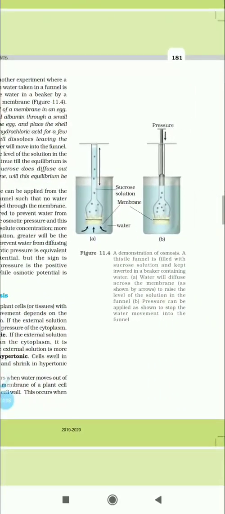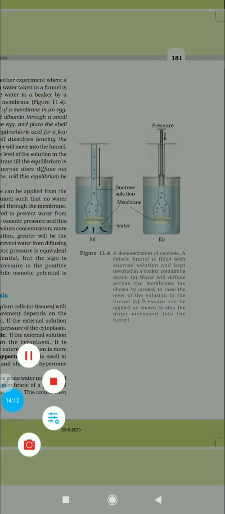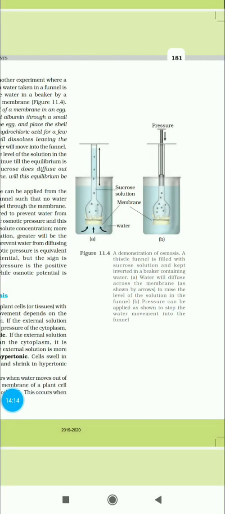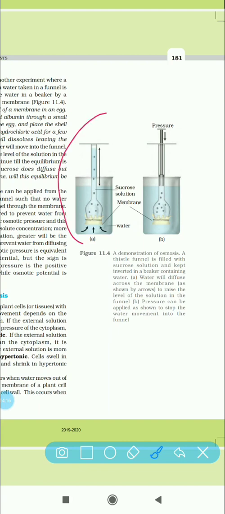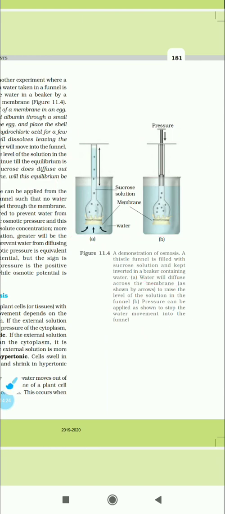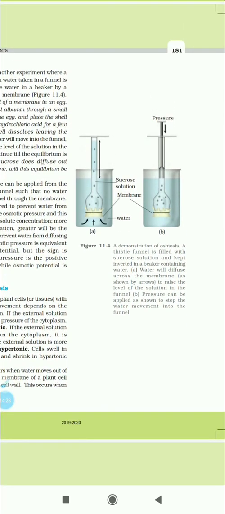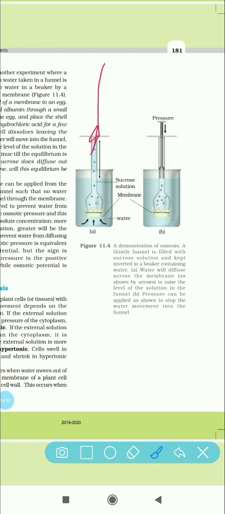Now the next part, they have given you an experiment to demonstrate osmosis. In this diagram, as you can see, you might have studied the same experiment in lower standards. It's a very easy experiment. You see this thistle funnel, which has sucrose solution inside.